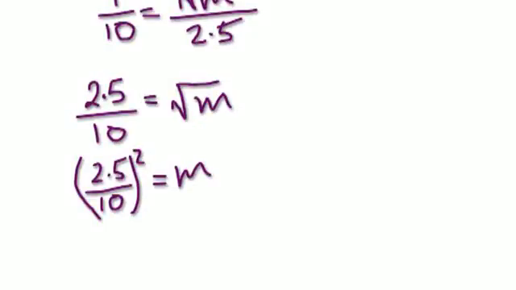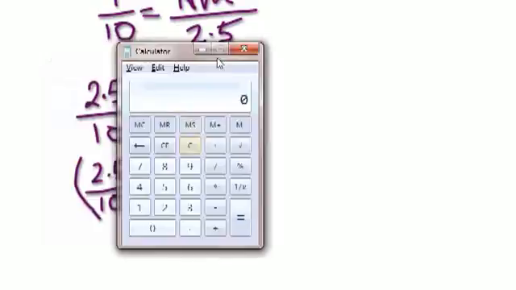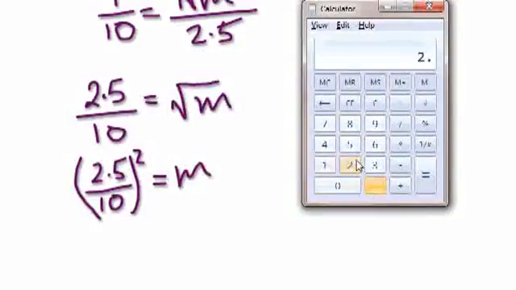Okay, so now calculator. 2.5 divided by 10 equals this, and then you square it. Where's my square? I can't find my square. Okay, just times 0.25 equals this.